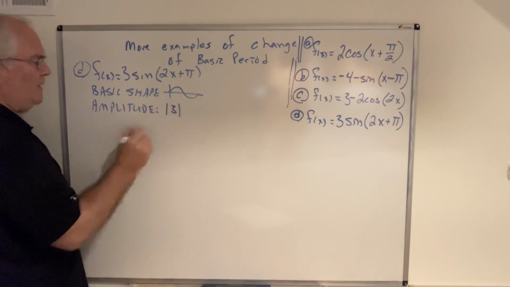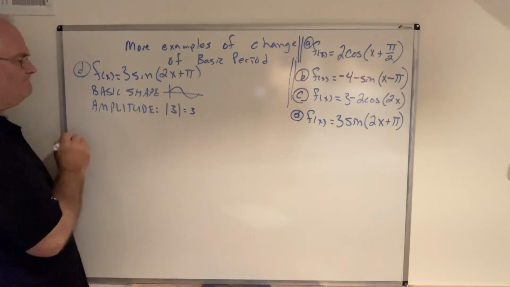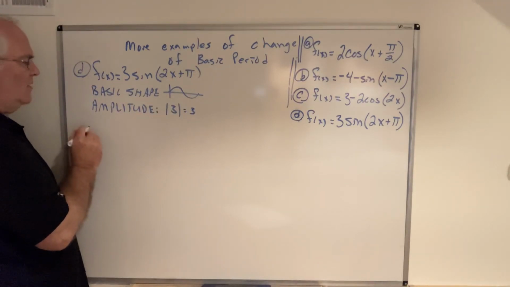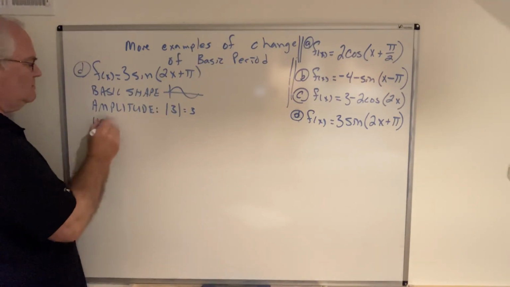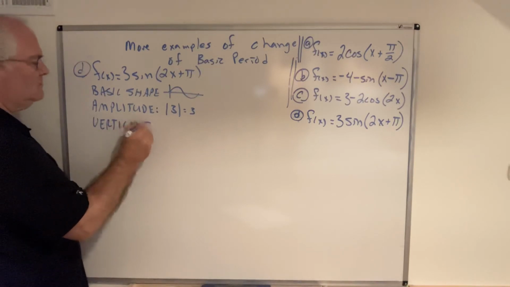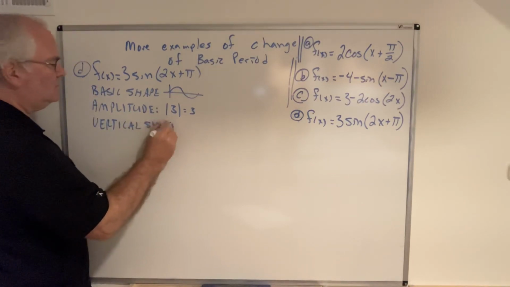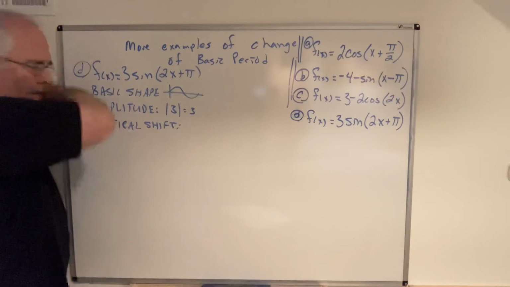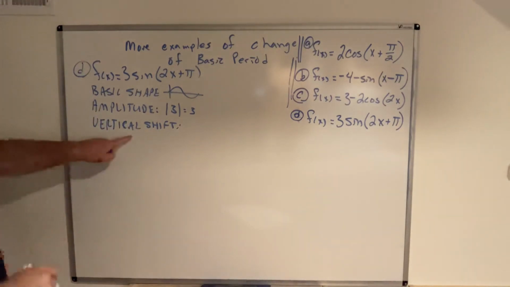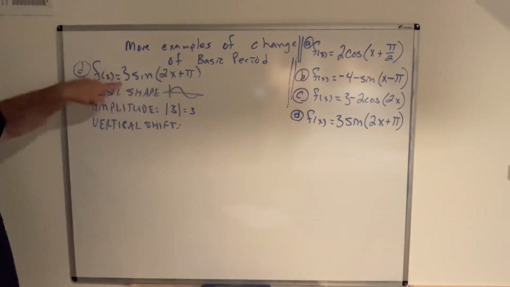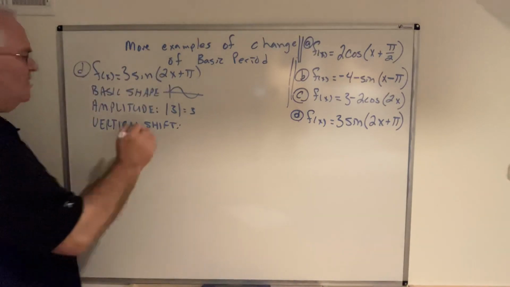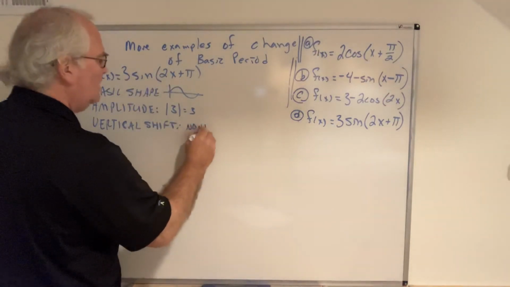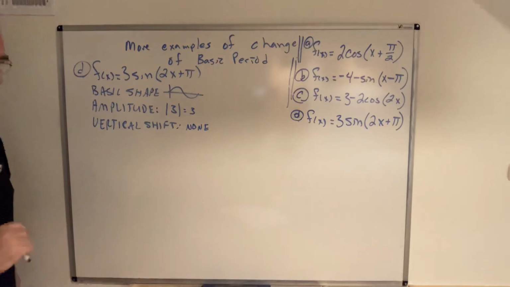Absolute value of 3, which is 3 if you like. All right, vertical shift. Excuse me, vertical shift. There is no vertical shift. We've not added anything outside the main function, so there is none. So the x-axis is still the axis of the function.